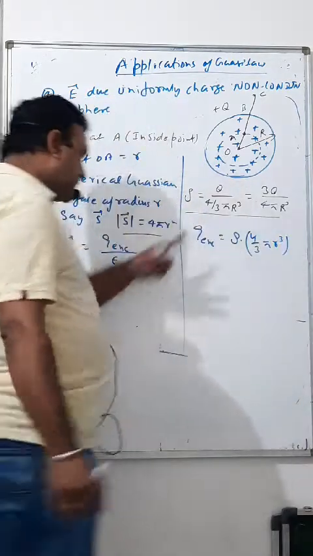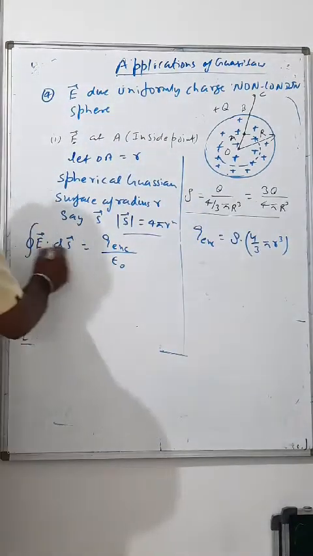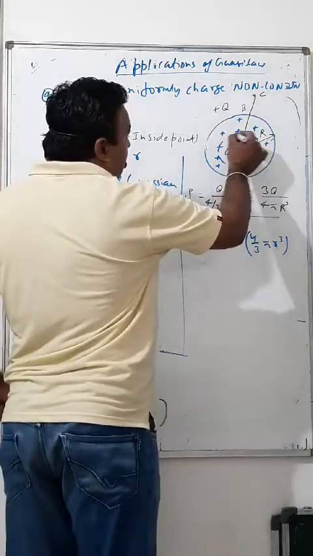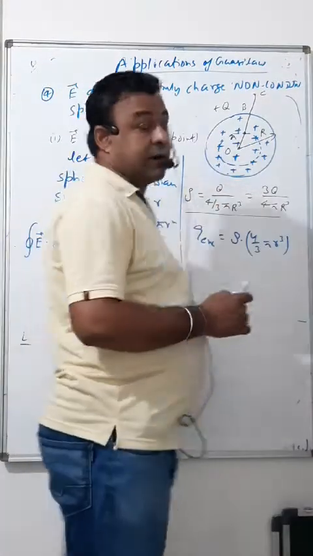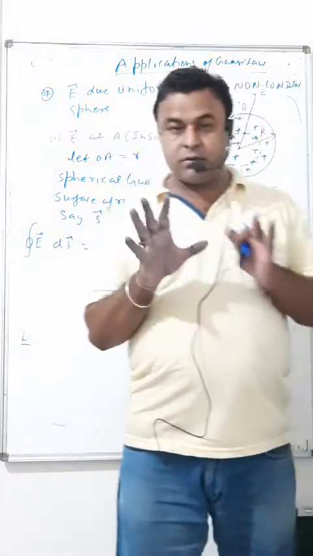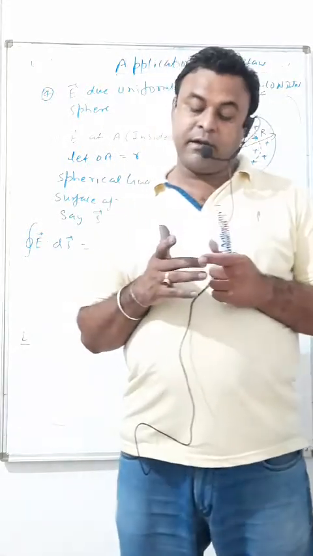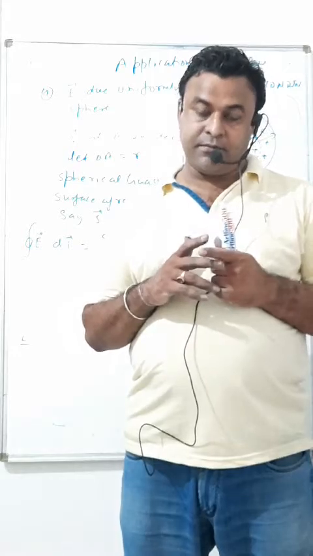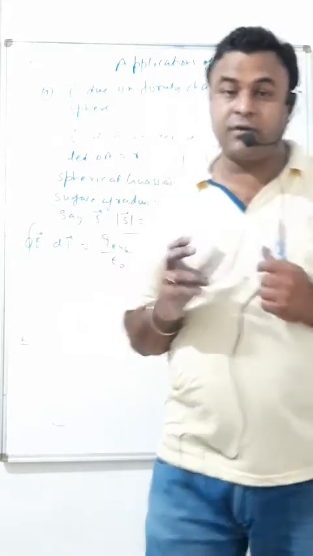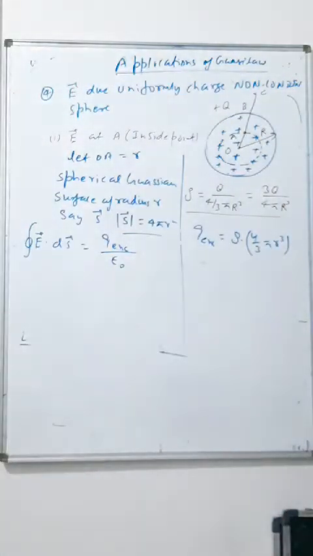At this point, I told you that to apply Gauss theorem, we must first have symmetry, and secondly, we must have an idea regarding the direction of the electric field.